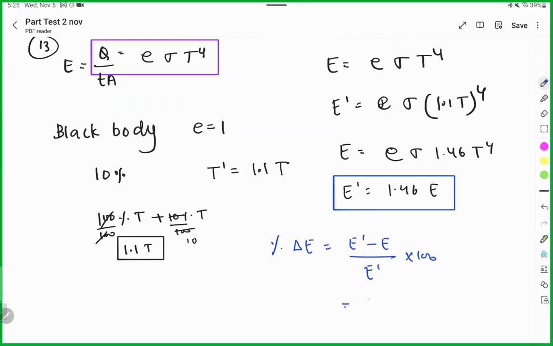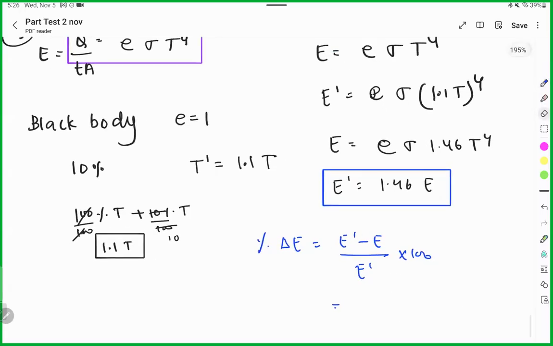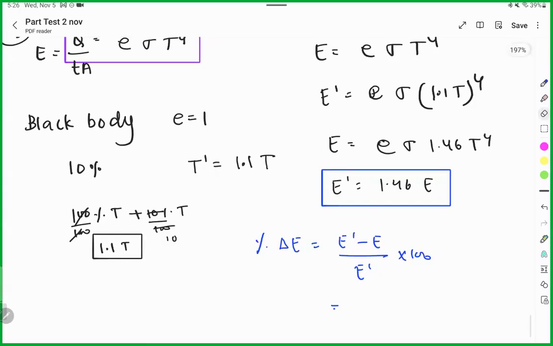What is the new emissivity? 1.46 E minus E divided by E, right? So E will be cancelled, multiplied by 100. So what will be the value? Put the value.